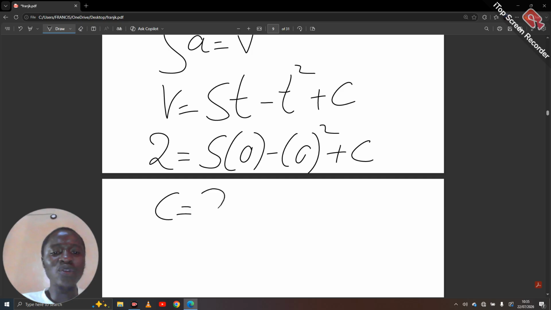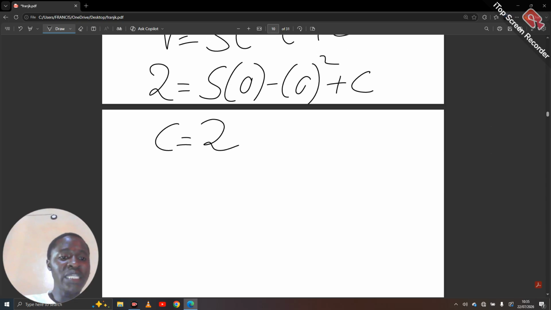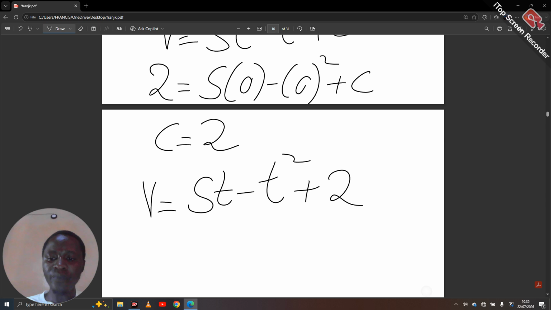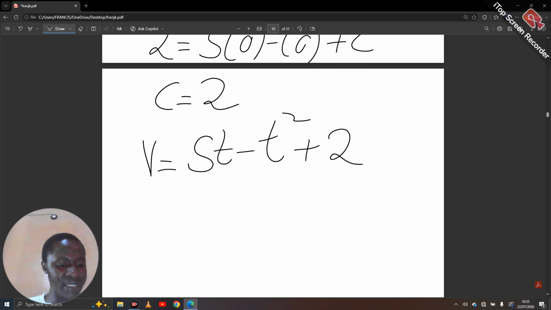So the constant will be 2. So the correct expression for the velocity will be 5t minus t squared plus 2. So we are having this, and that is the answer.